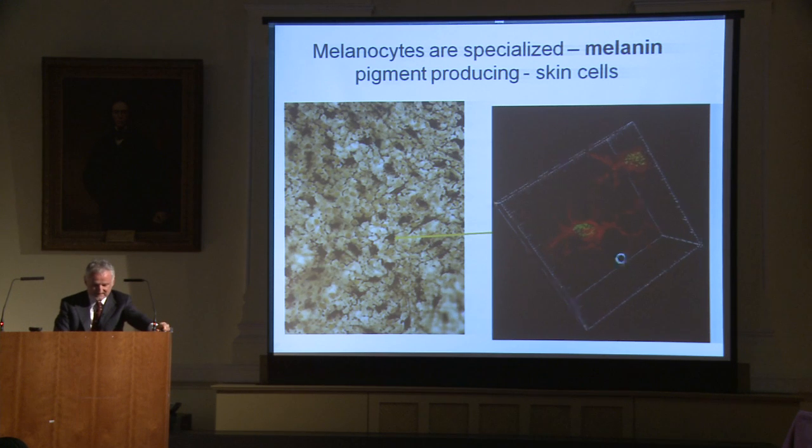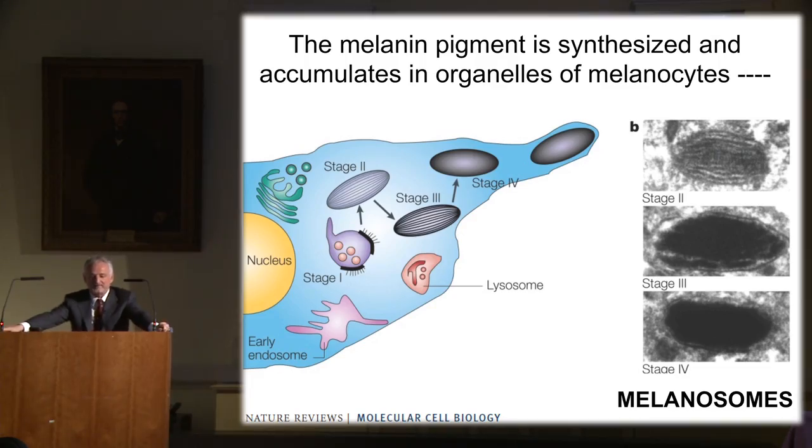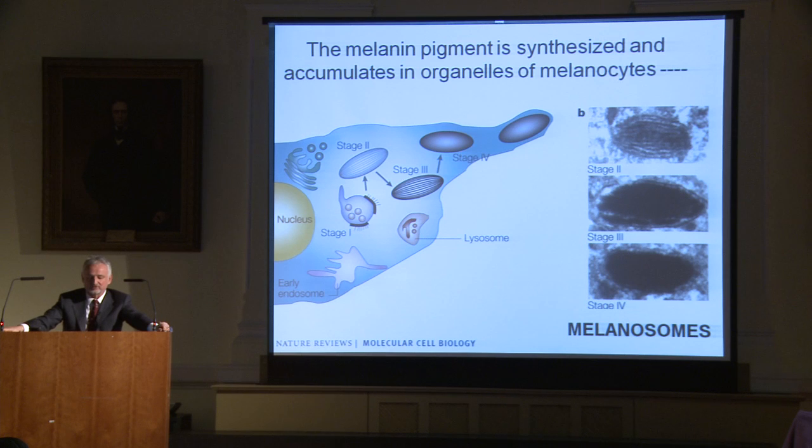Now what they do is they produce a pigment called melanin, and this pigment is produced in little powerhouses within the cells, which are called melanosomes, which are light and then on maturation become darker and darker. We refer to them as stage 1 to stage 4 melanosomes.